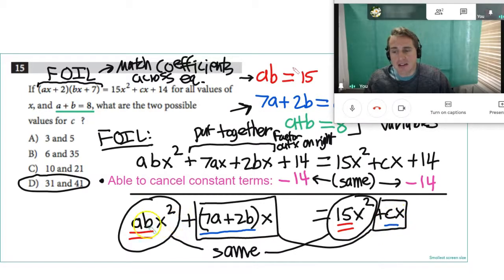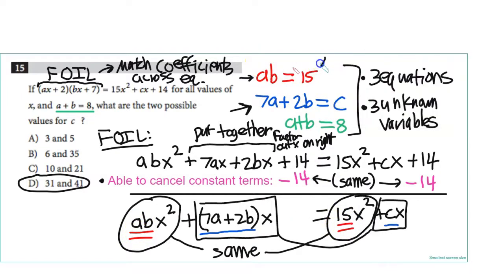But then abx squared has to equal 15x squared. Because again, we're just equating left-hand and right-hand side of the equation. Because if everything's equal, something has to equal something. So we can deduce from that, what's in red, AB has to equal 15. That's here. That we're calling equation 1.